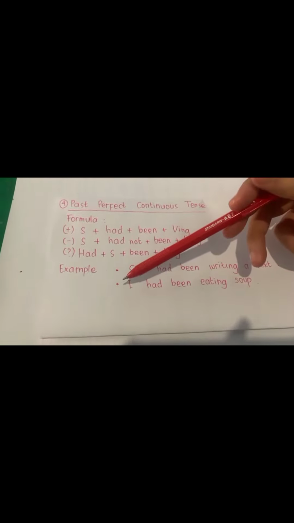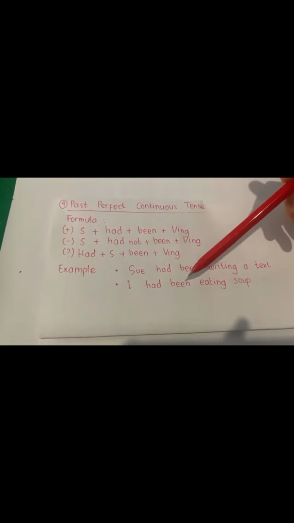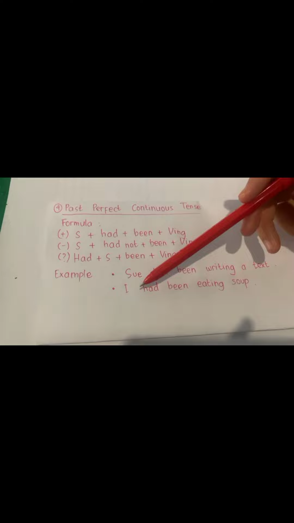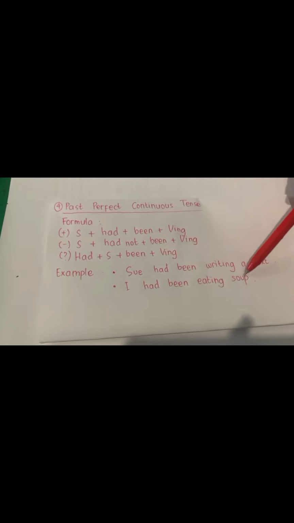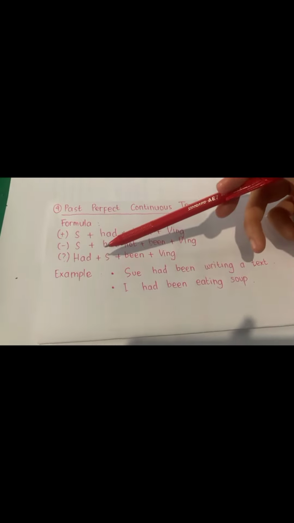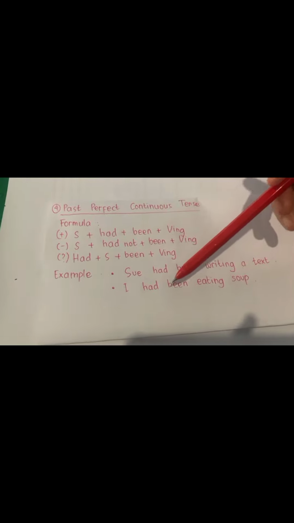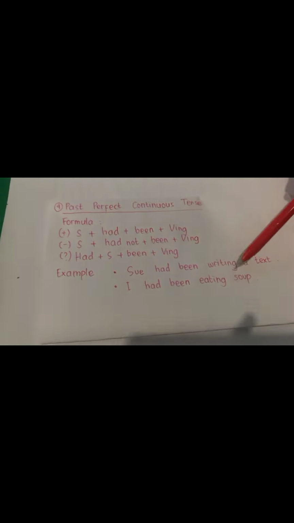The second example, I had been eating soup. For the negative sentence, it is I had not been eating soup. For the interrogative sentence, it becomes had I been eating soup?